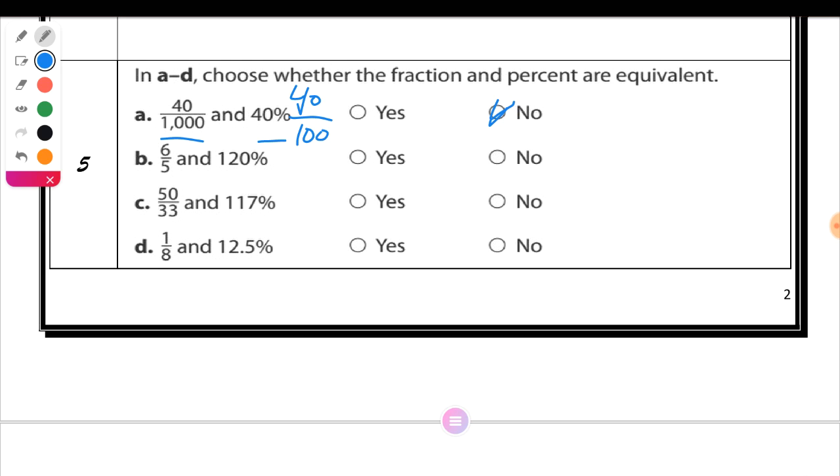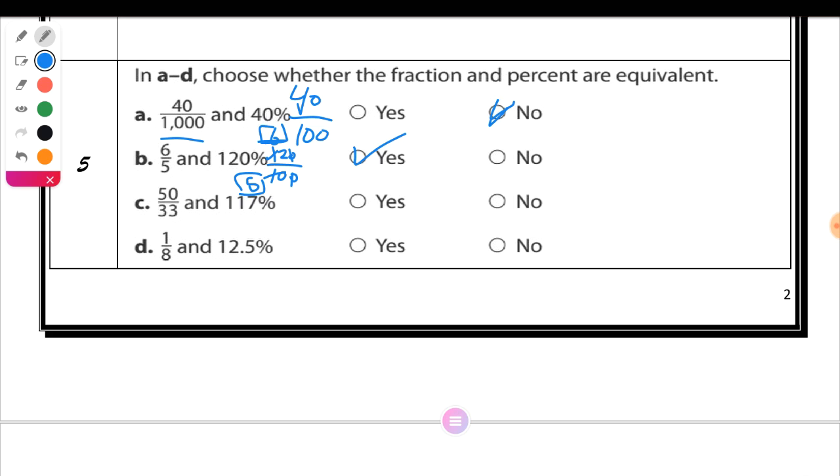Yes, 5 over 6 equals 120 over 100. Simplify. Divided by 2 equals 5, divided by 2 equals 6. Yes, it's the same. So they are equivalent. Equivalent means what? They have the same value.